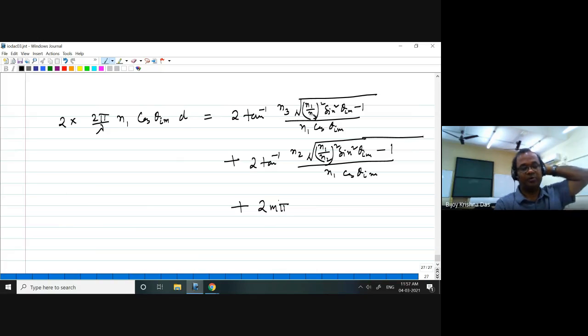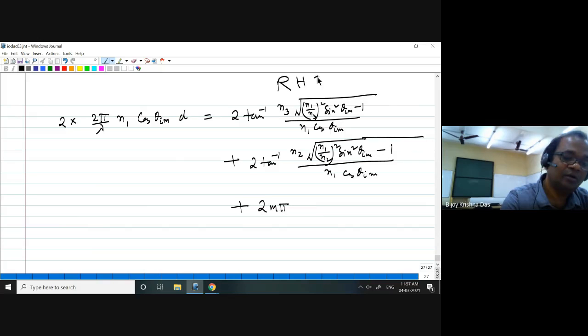So this is your right hand side, and this is your left hand side. You can do like this, right and left hand side.